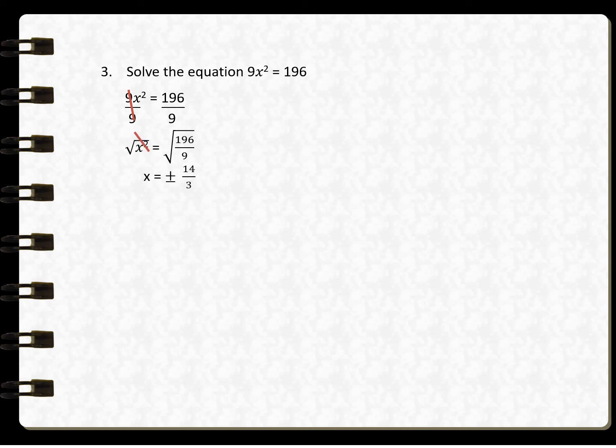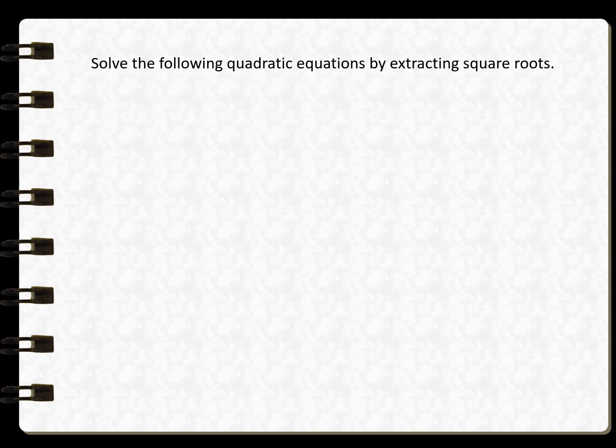Ang matitira dyan is x equals 14 over 3. 14 times 14 is 196. 3 times 3 is 9. Positive and negative 14 over 3. So, improper fraction siya. Pwede siyang, yun ang final answer natin or mixed number. So, since pwede naman to, yun na yung ating sagot.